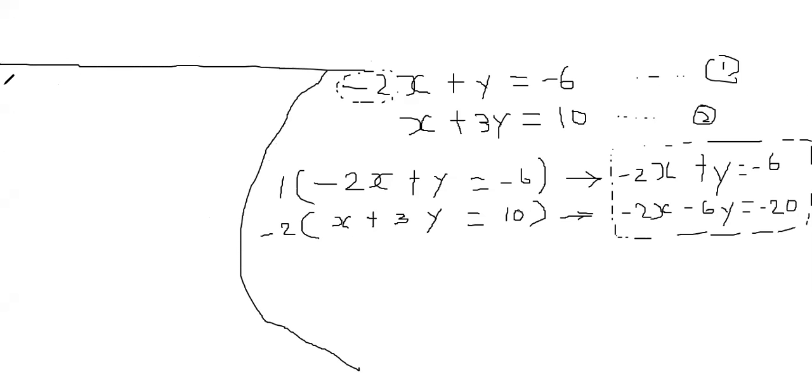So we have -2x plus y equal to -6, -2x minus 6y equal -20.